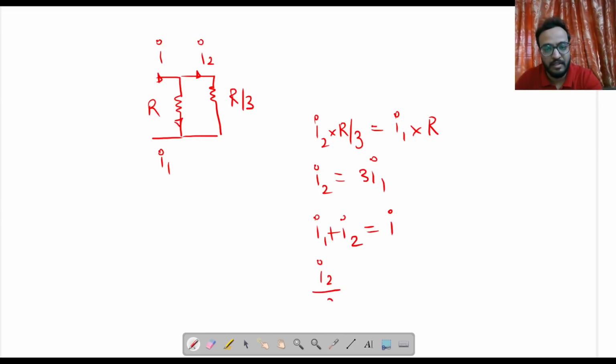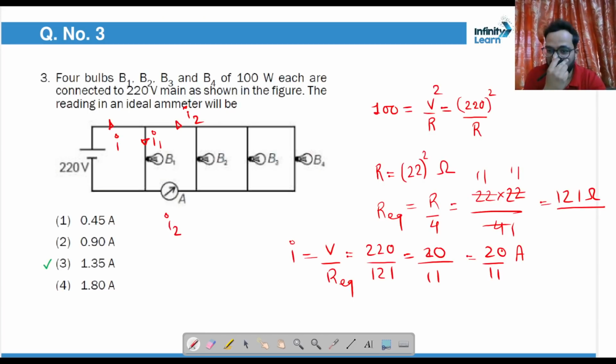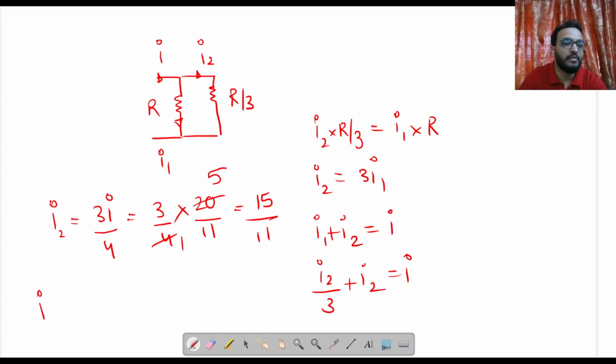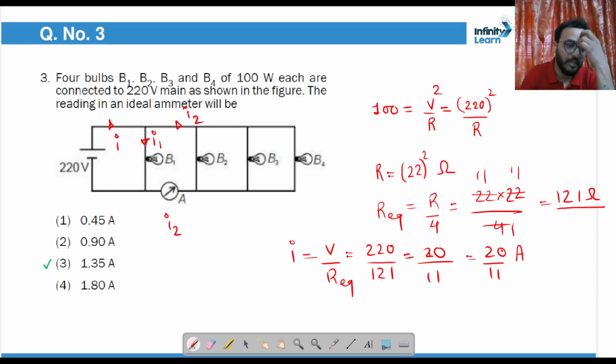I2 by 3. I2 by 3 plus I2 is equal to I. So I2 will be 3I by 4. So 3 by 4 into, what is I? 20 by 11. Answer will be 15 by 11 ampere. So I2 will become 1.35 amperes approximately. Got it? So this is how we solve this particular question.